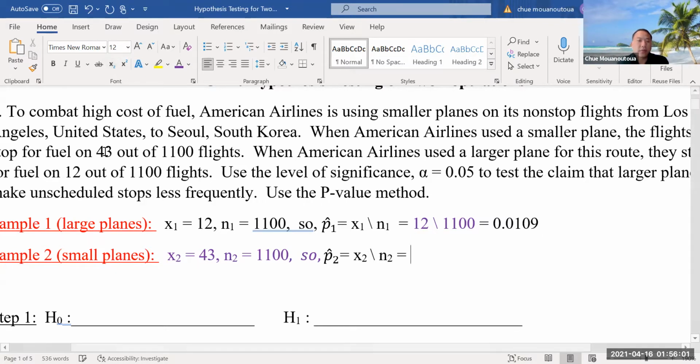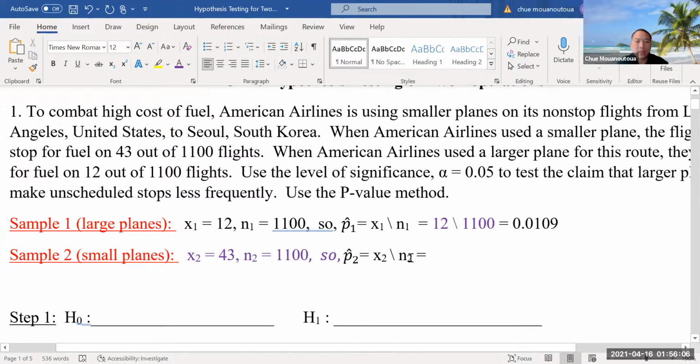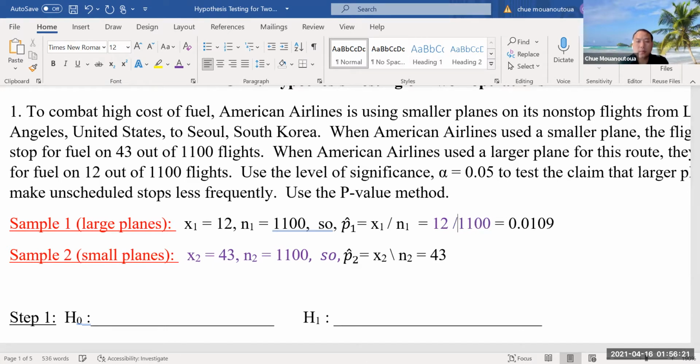So for the second sample, which is the smaller plane, for p hat 2 we're going to have 43 over 1100.